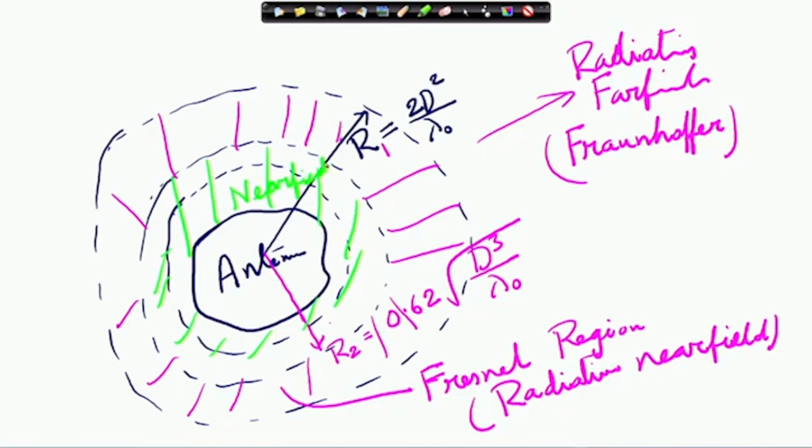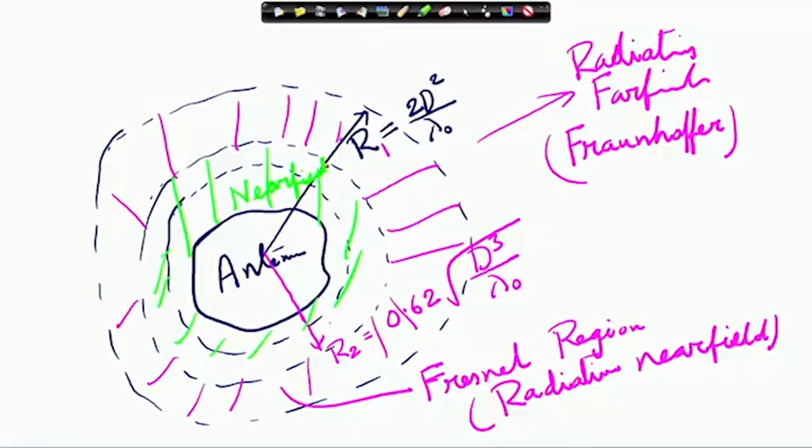What is the difference between these? Near the antenna there is the near field, after that there is a region which is the Fresnel region or radiative near field, and further away is the Fraunhofer region or radiating far field. Why are we saying these are three regions? The near field region is actually the reactive near field.